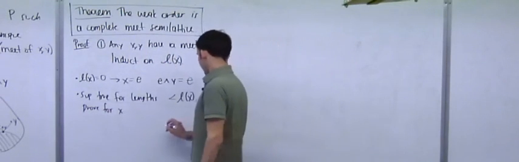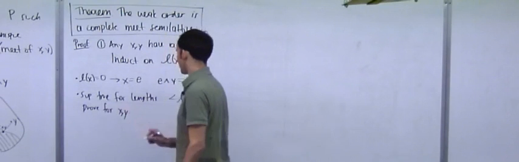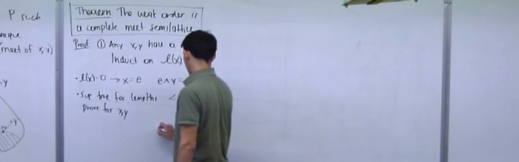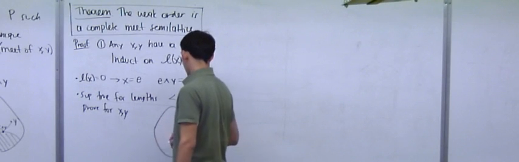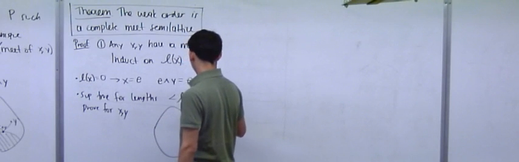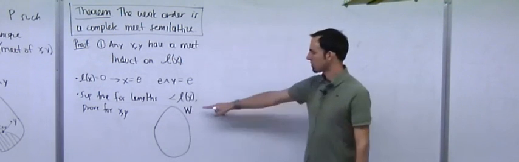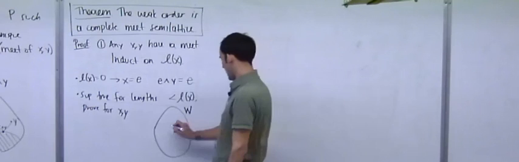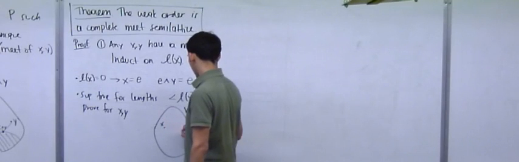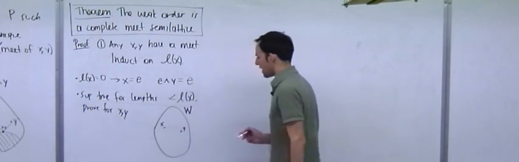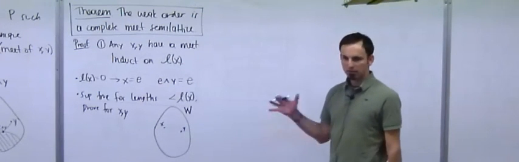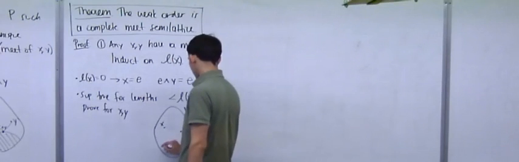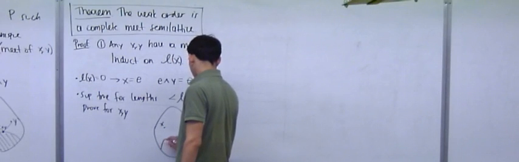So here's my plan. Prove it for x and y. Again, I want to think that this is my poset here, which I'm just going to label w because the elements are the elements of w. Now I take x, I take y, and so let me consider the set of lower bounds for x and y. The things that are less than or equal to x and less than or equal to y.